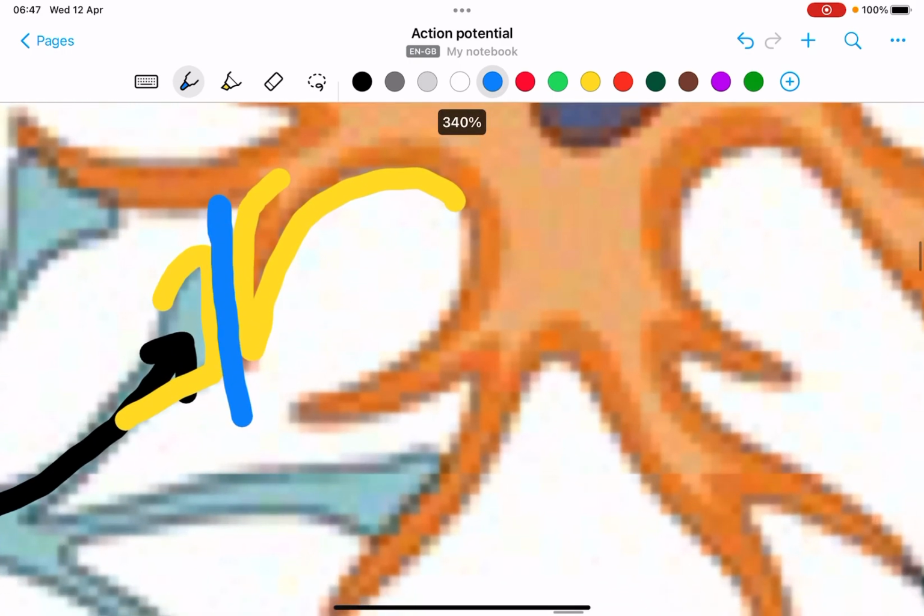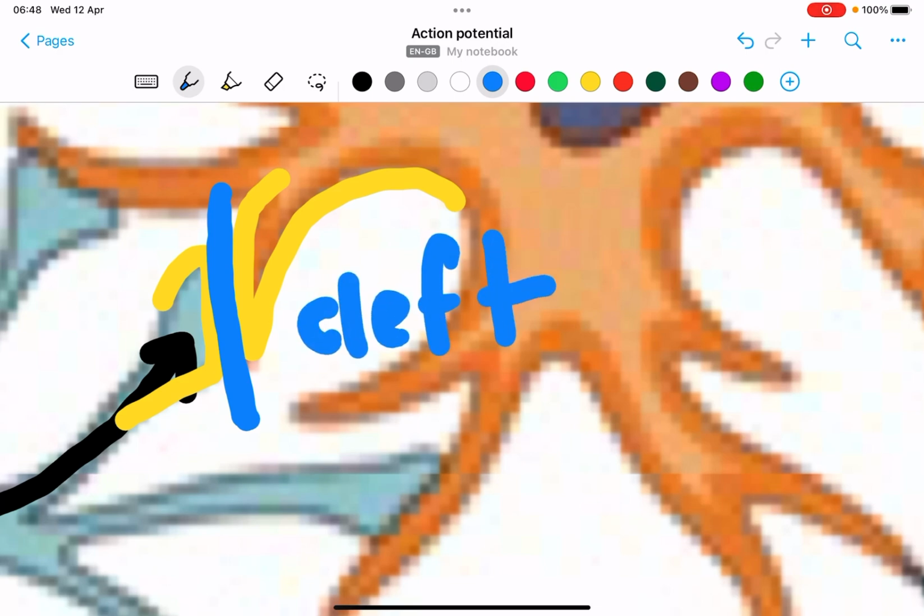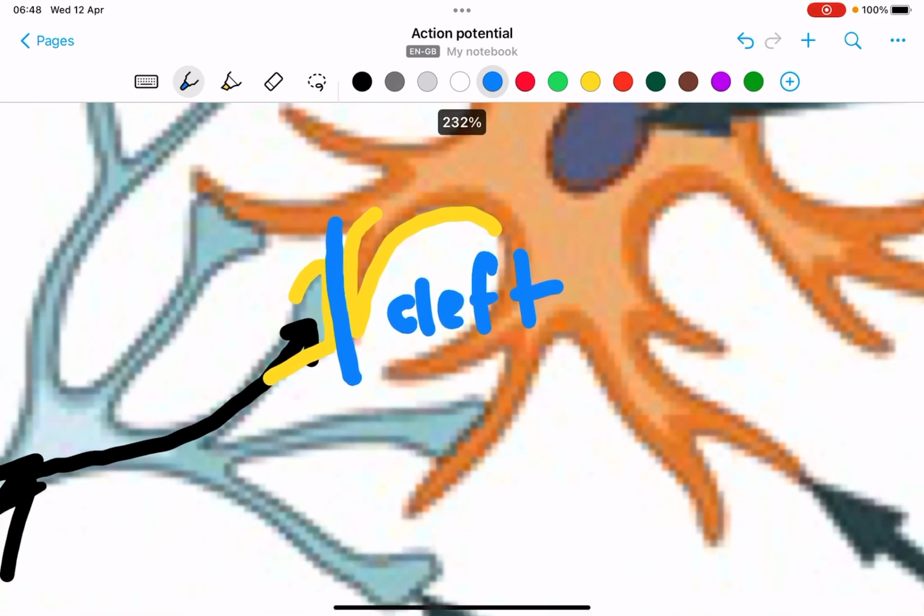So the one in blue, the gap between the two motor neuron, is called synaptic cleft. The gap that happens to be in between.